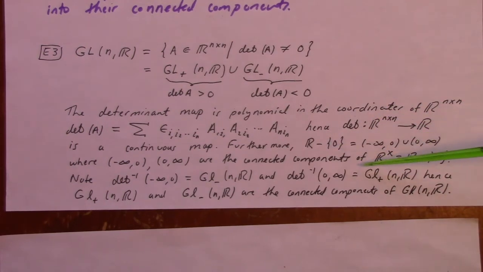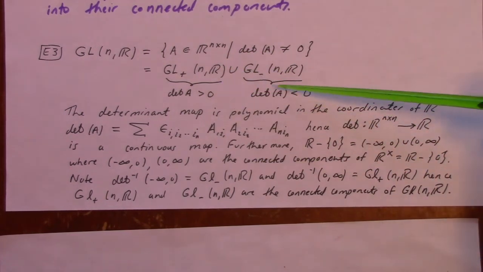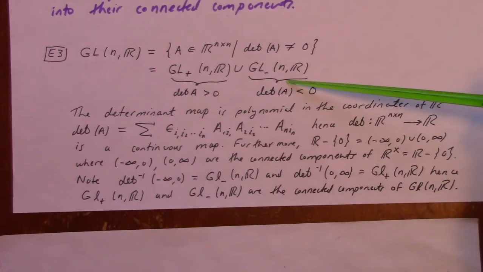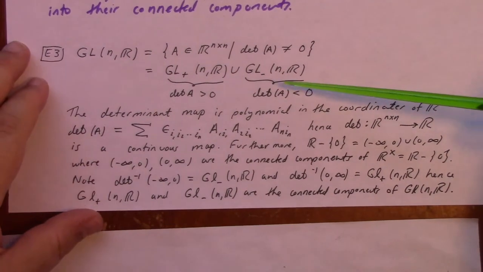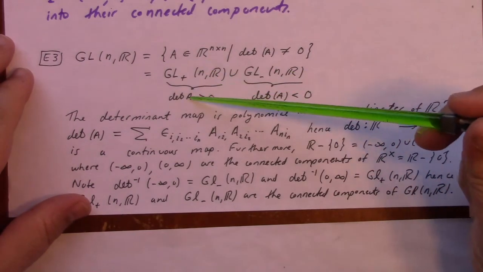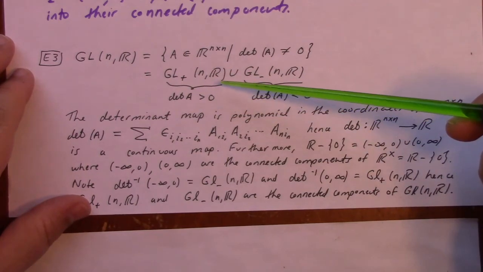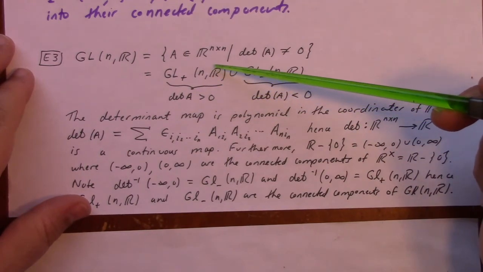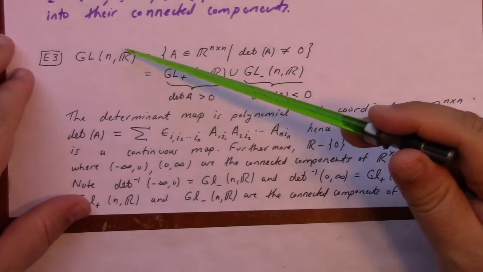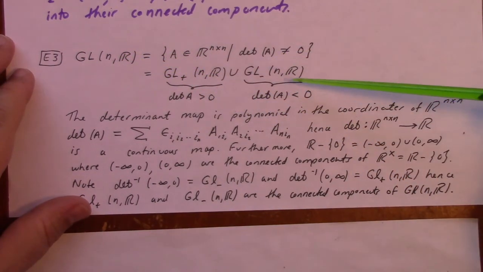I mean, certainly GL plus and GL minus are disjoint. You intersect these, they're definitely disjoint. And it's also fairly clear that they're maximal because you can't take a subset of matrices that is bigger than GL plus inside here without getting into here.